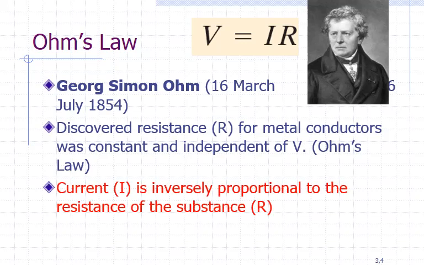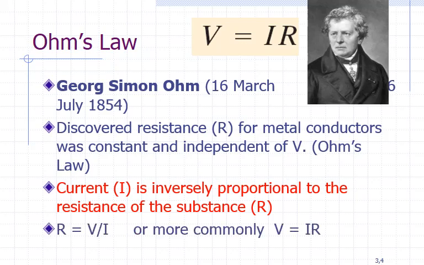And so current is inversely proportional to resistance, and that's an important idea here, where if you increase the resistance, let's say you double the resistance, you're only going to get half the current. And so it's a combination of both of these things. The fact that current is inversely proportional to resistance and resistance is independent of voltage allows this relationship to work.